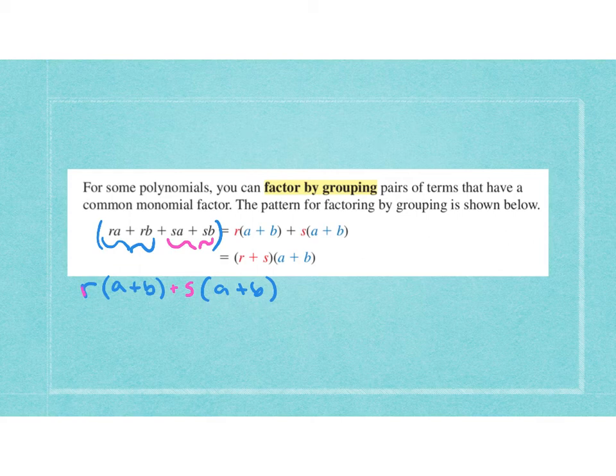So then we would break this up into r plus s times what was in common in both of these, so that a plus b. This will make more sense when we do it in examples. But anytime you see 4 terms, most likely you're going to factor by grouping.